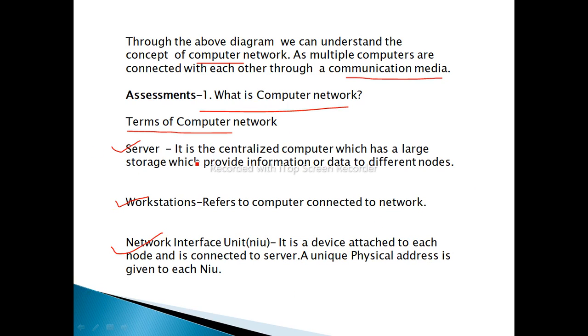A server is a centralized computer. It remains in the center, which has a large storage and which provides information or data to different nodes. Workstation refers to the computer connected to the network. All the other computers except the server are workstations.